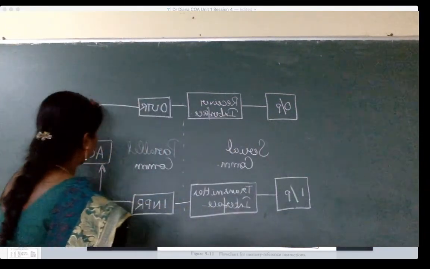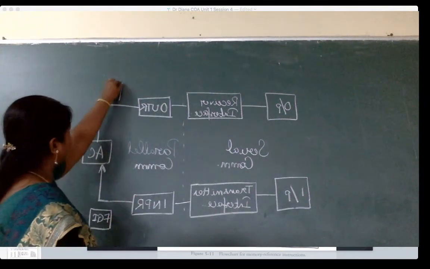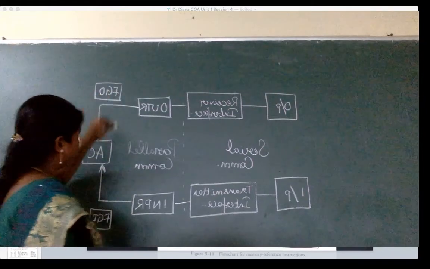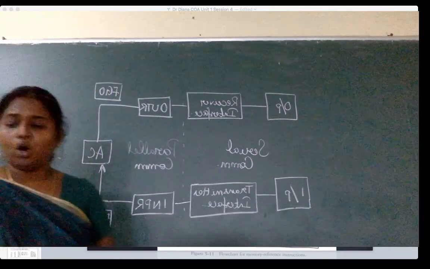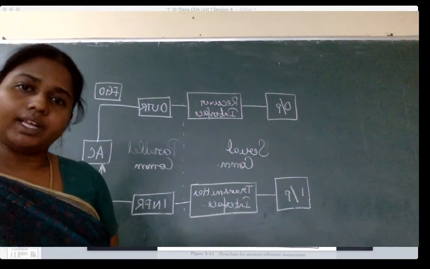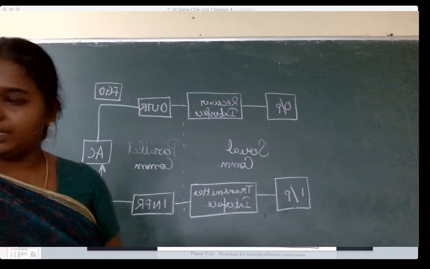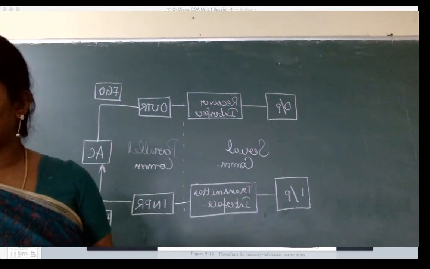Now the same is going to be applicable for the output register also. For the output register, however, I have a flag named FGO. This FGO is going to operate in reverse. Every time the data is available readily, FGO is going to be 1.